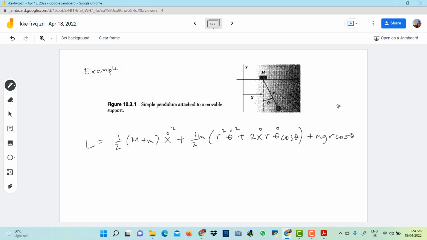Okay, so this is the Lagrangian. Again, we solved this one last time, and the Lagrangian is equal to this one.